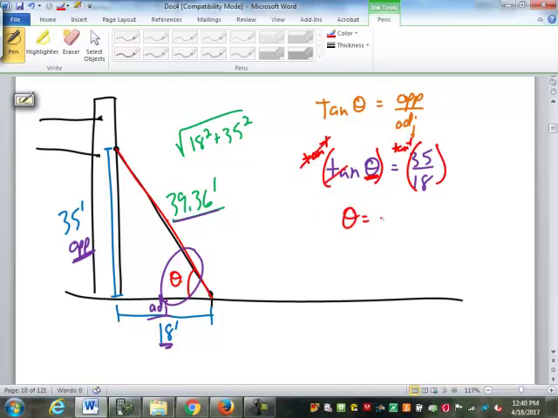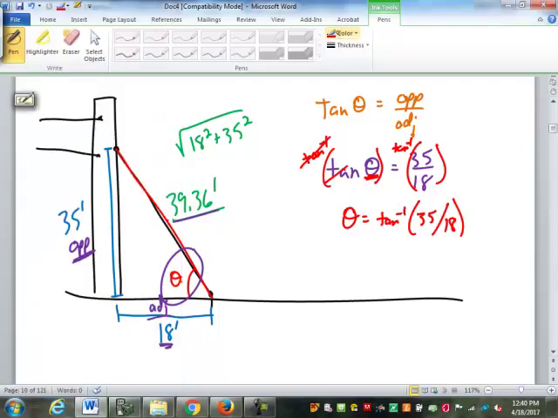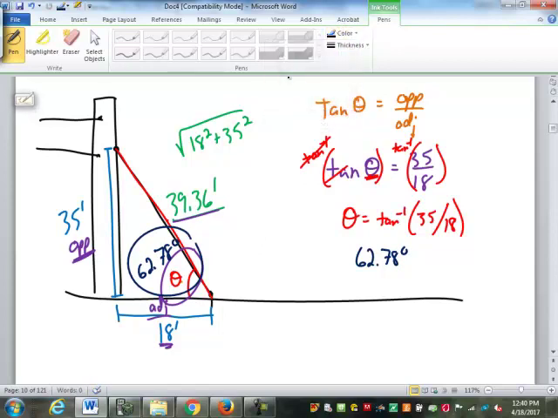So my angle is equal to the inverse tangent of 35 over 18. Which is 62.78 degrees. So that is that missing angle.